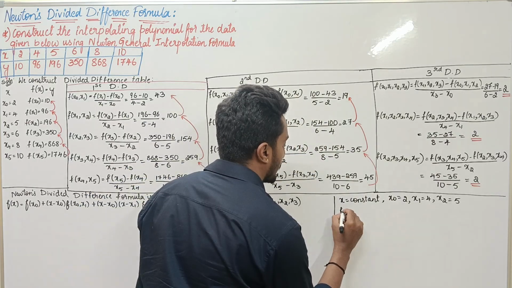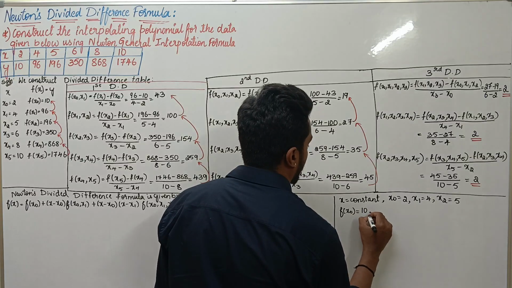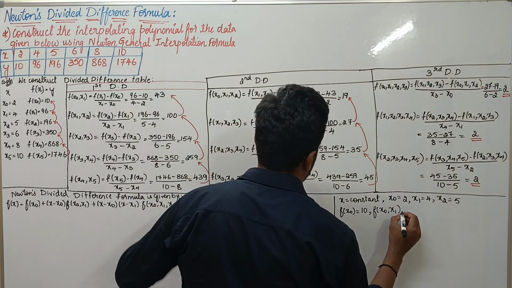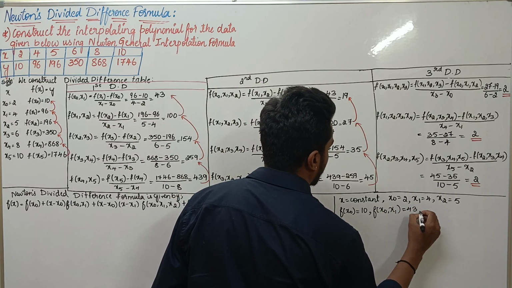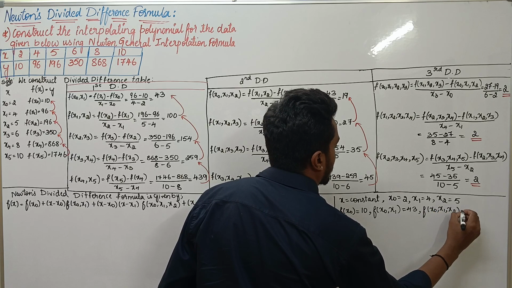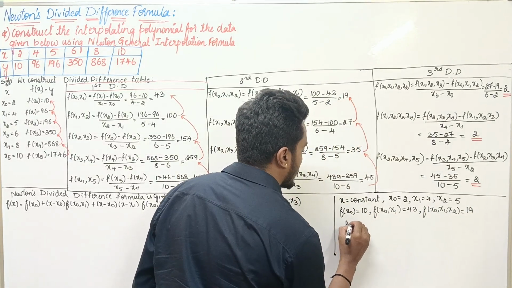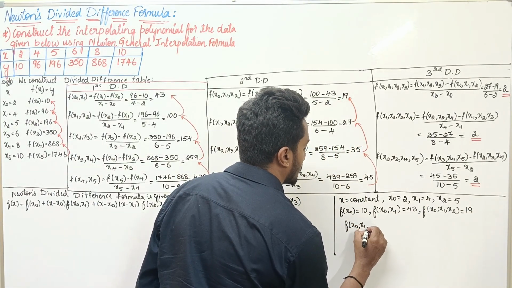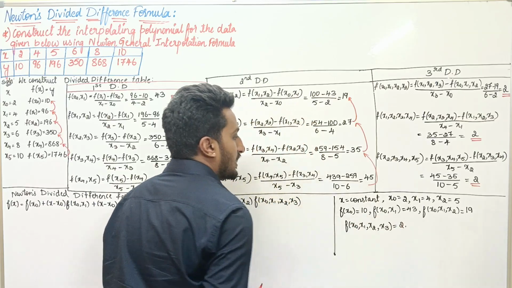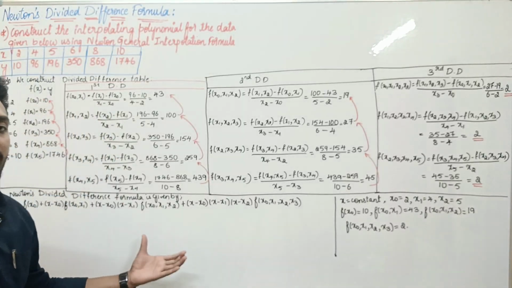So next is f of x naught, which is 10. f of x naught comma x1, the first divided difference, is 43. f of x naught comma x1 comma x2, the second divided difference, is 19. And the last, f of x naught comma x1 comma x2 comma x3, the third divided difference, is equal to 2.